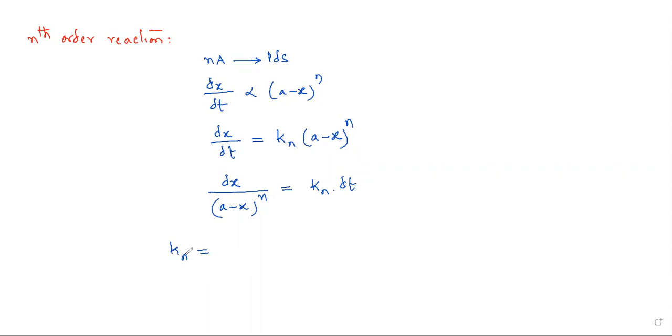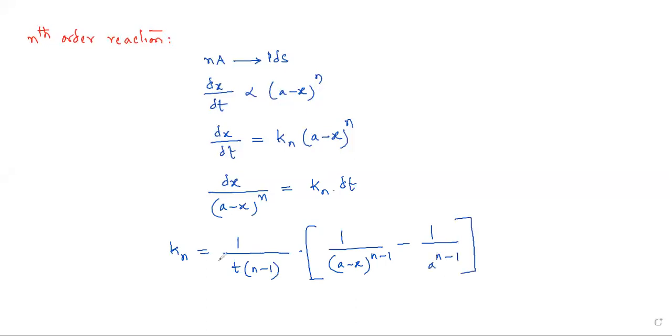Now the final expression for kn can be given as 1 by t of n minus 1 into 1 by a minus x to the power n minus 1 minus 1 by a power n minus 1. So this is the expression for nth order rate constant. Very simple.